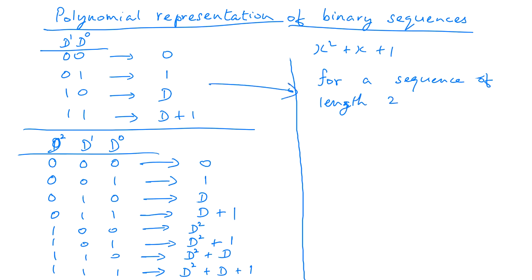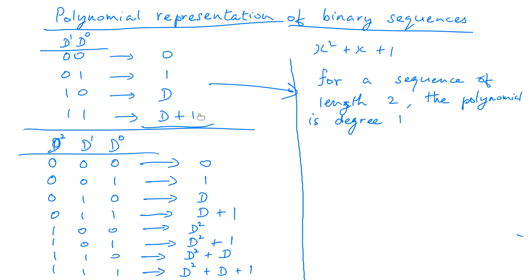When we had the length as 2, the polynomial is of degree 1, right? The maximum power in the polynomial is d power 1. So we say the polynomial is degree 1. That means the highest power in the polynomial is 1. If you see all these polynomials here, the highest power here is d power 1.